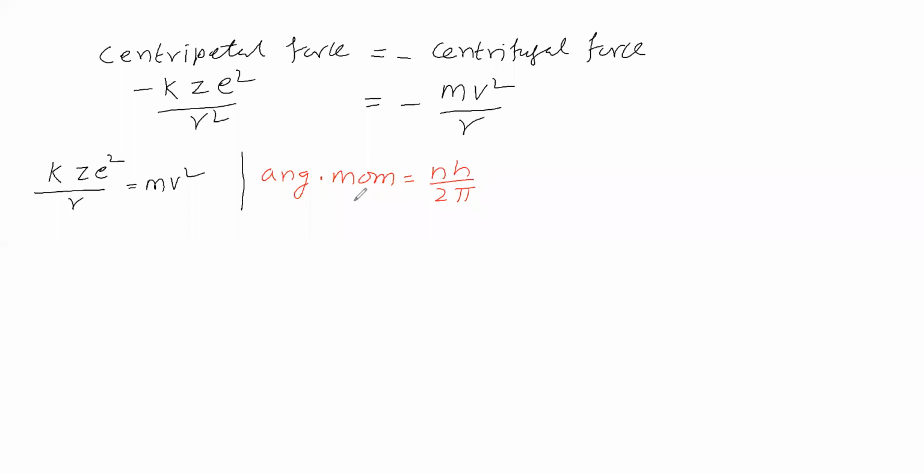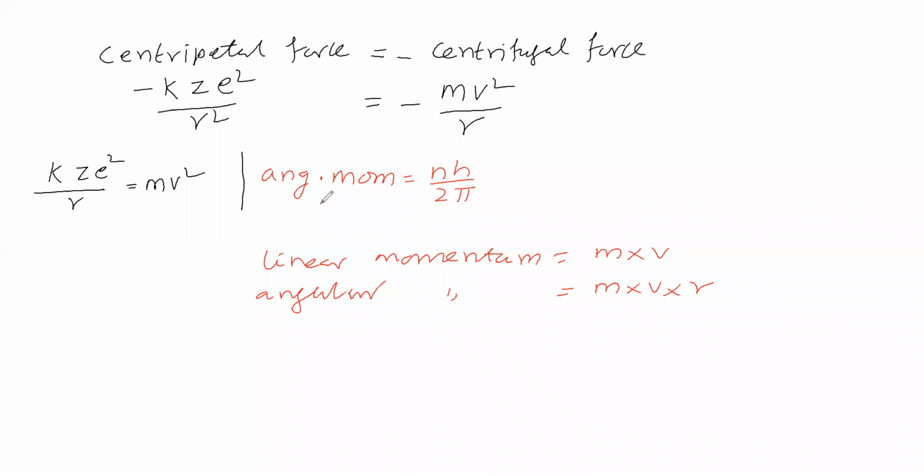Next we'll see angular momentum. Momentum means linear momentum, and the linear momentum formula is mass into velocity. Angular momentum formula is mass into velocity into radius.